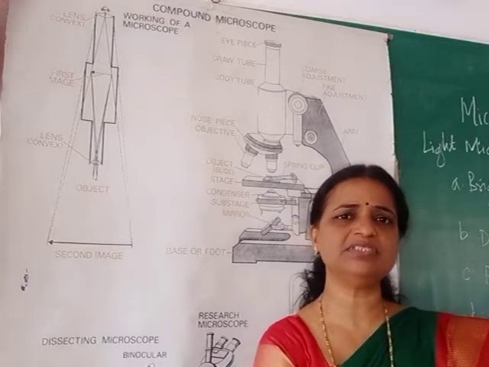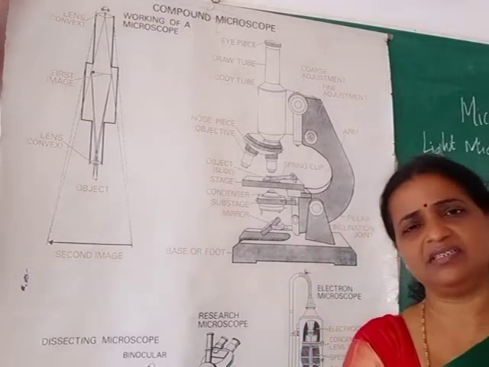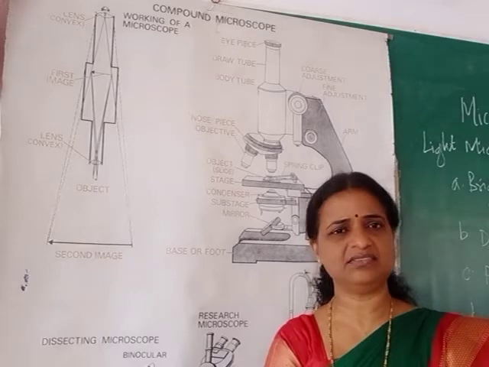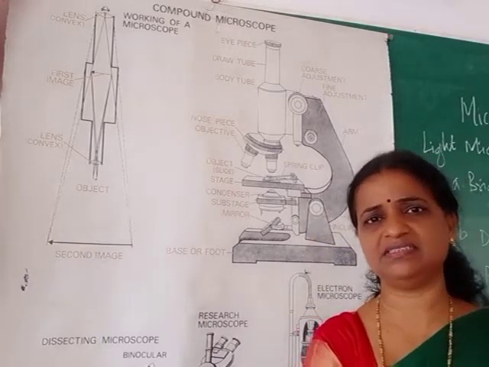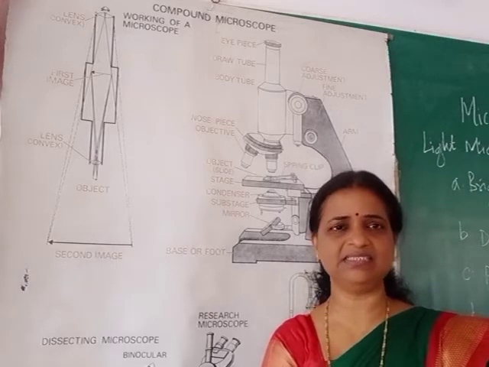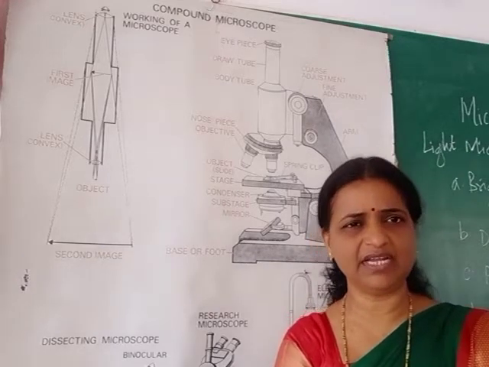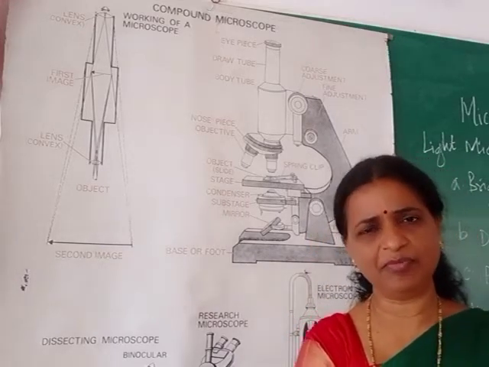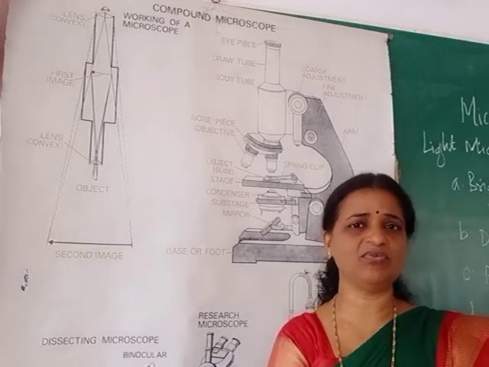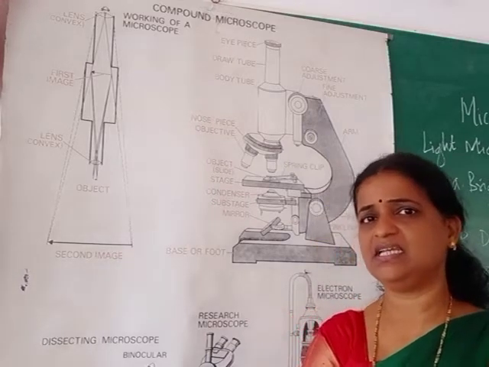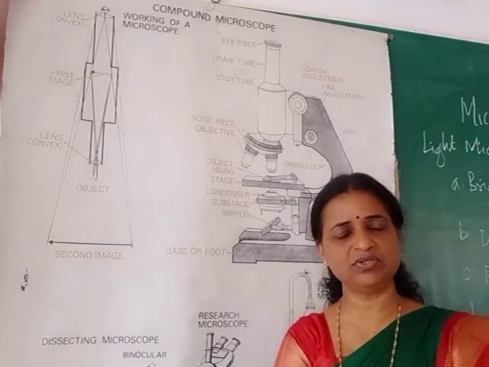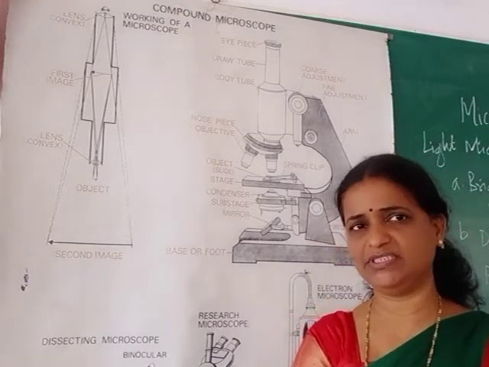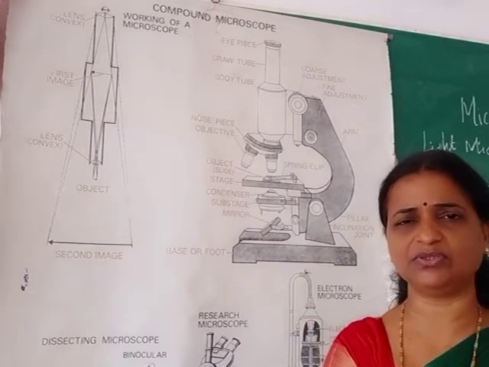A microscope is an optical instrument consisting of glass lenses, more than one lens. We can define it as an optical instrument consisting of a combination of lenses used for magnification as well as for the resolution of minute objects.